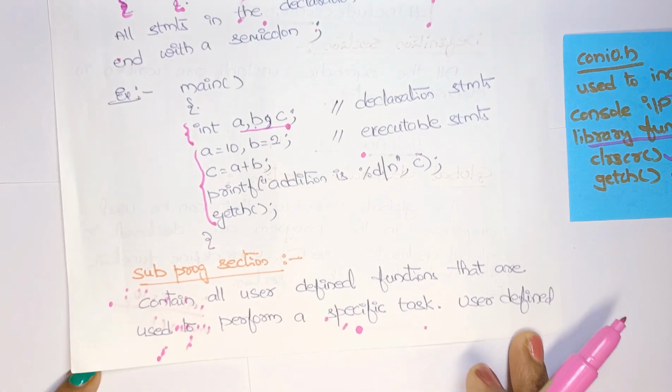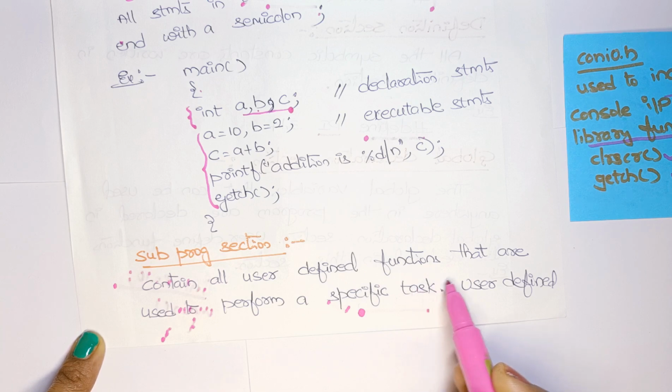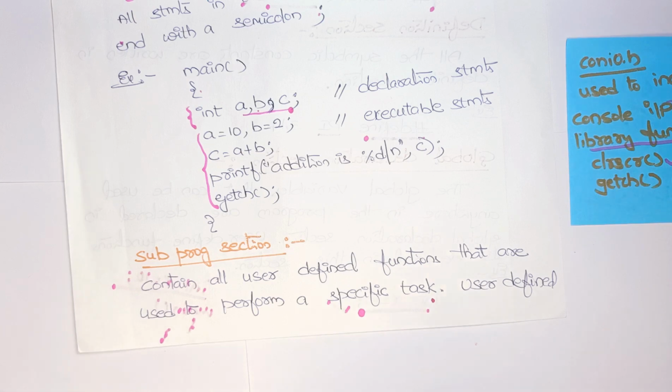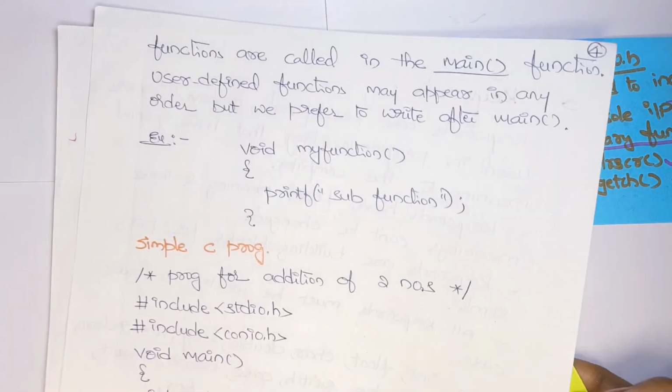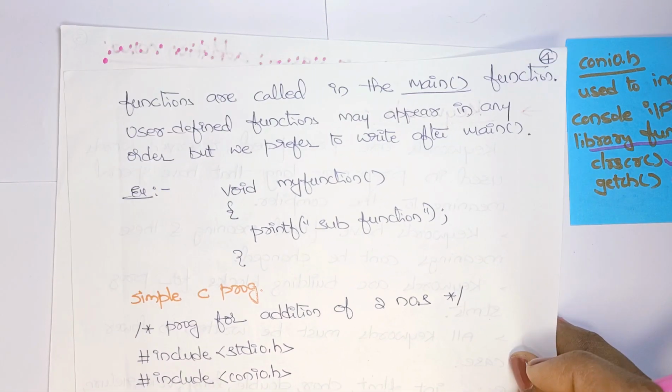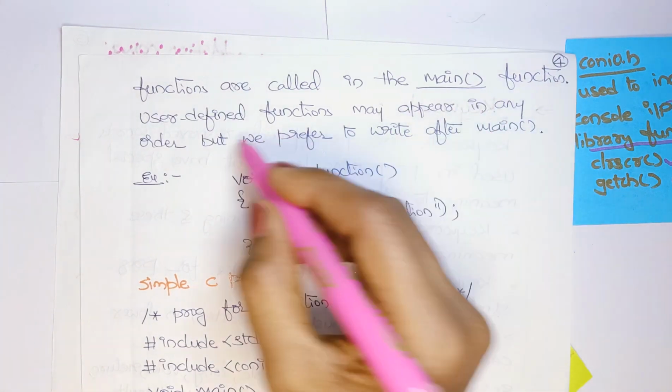Next one, the subprogram section contains all user defined functions that are used to perform a specific task. If you want to perform any specific task, then you can use user defined functions. Whatever particular task the user wants to perform can be written in the user defined functions. Functions are called in the main function.